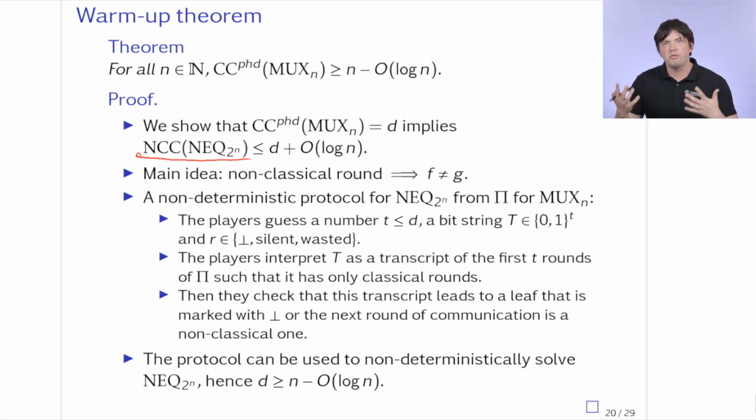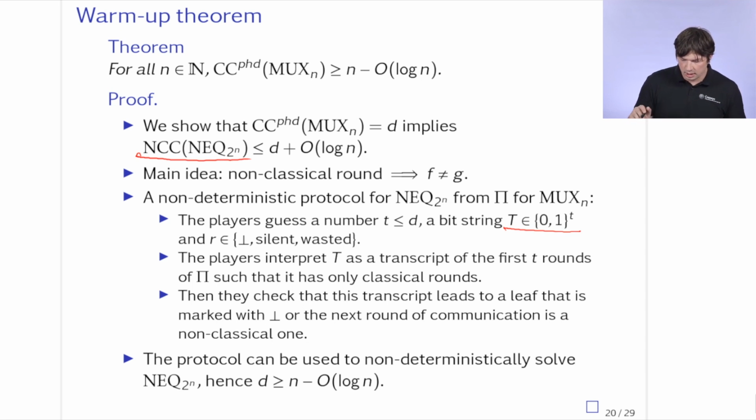The size of the functions in the multiplexers is like 2 to the n, so the sizes of the inputs do make sense. The main idea is that if we find this non-classical round, that's already proof that f is not equal to g. So we are guessing the transcript, right? And then we also need to guess how long it is and what is happening at the end of it.